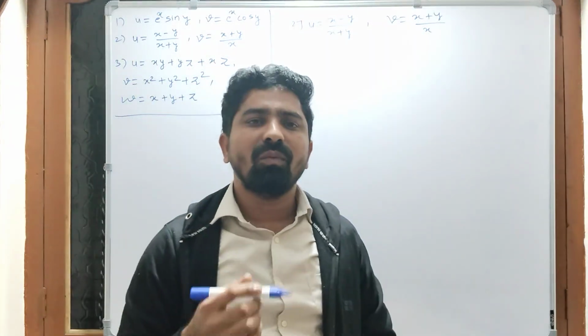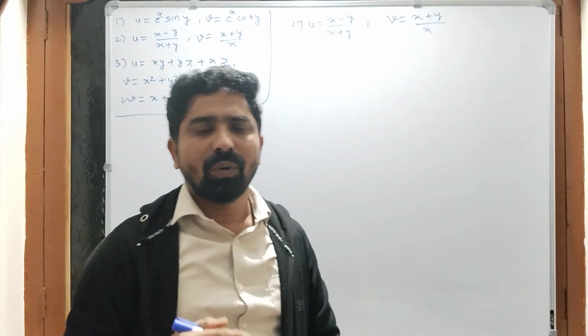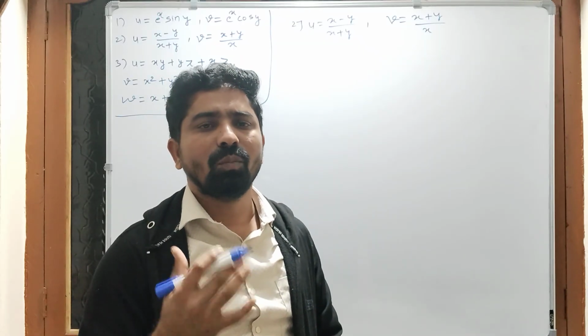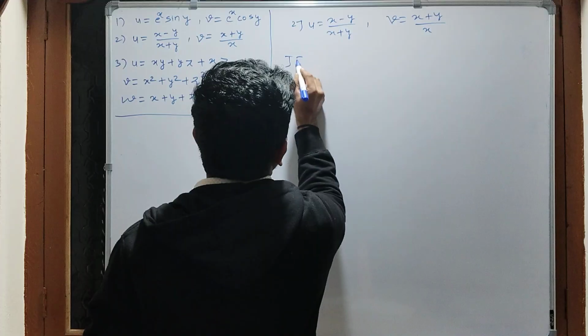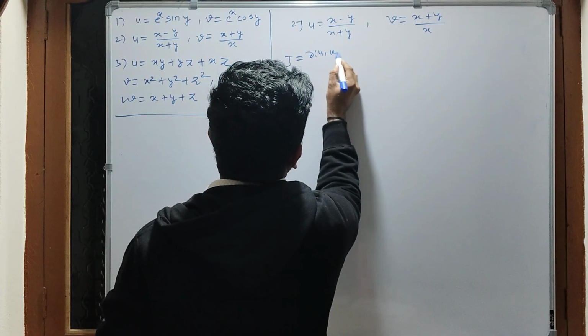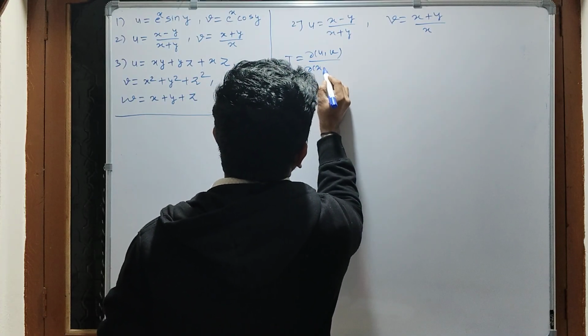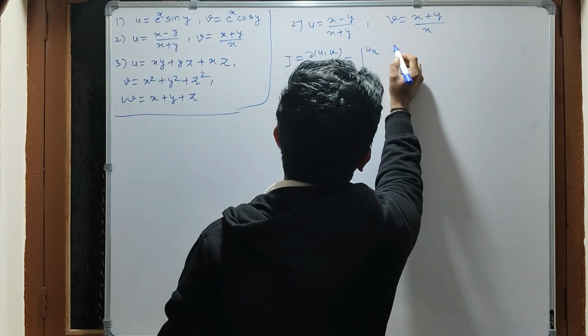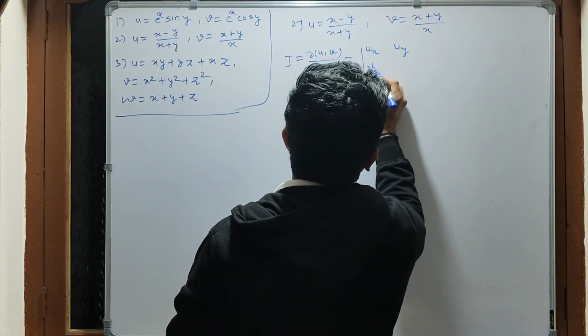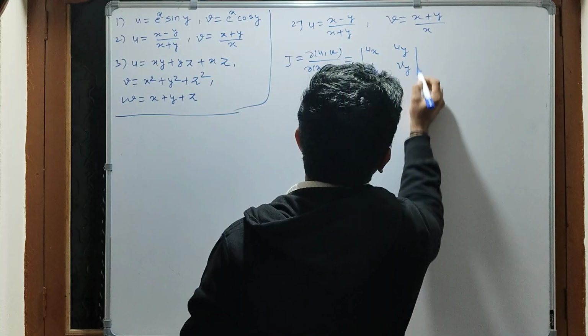I want to check whether my functions u, v are functionally dependent or functionally independent. For that purpose I want to find the Jacobian, which is equal to the Jacobian of u, v with respect to x, y, which is equal to the partial derivative of u with respect to x, u with respect to y, v with respect to x, v with respect to y.